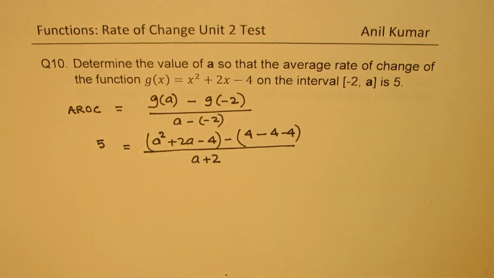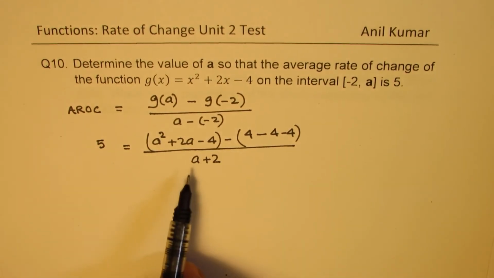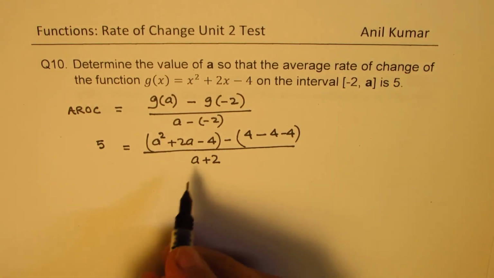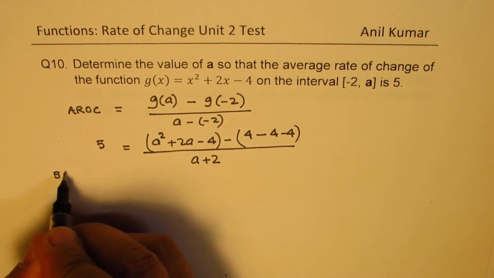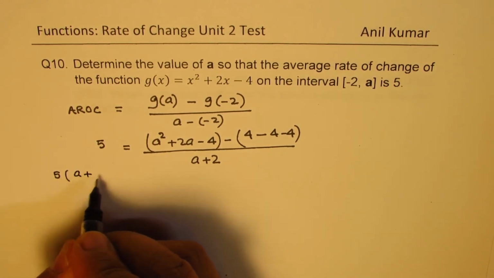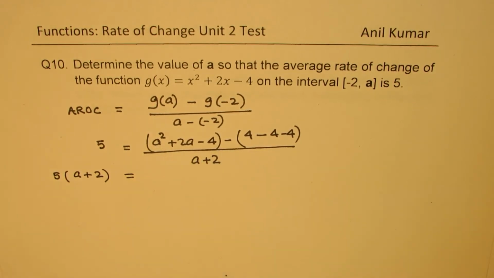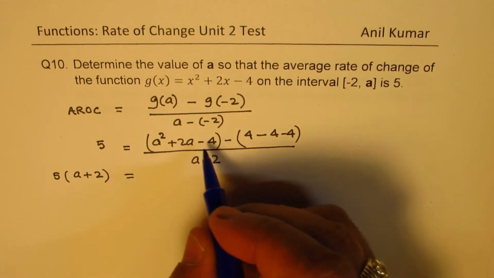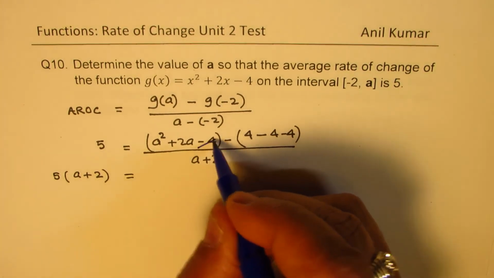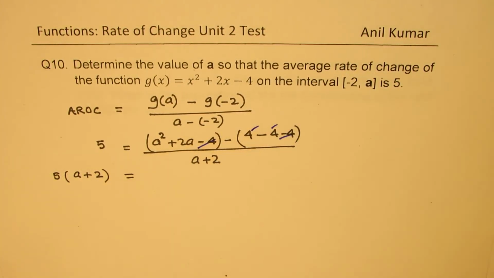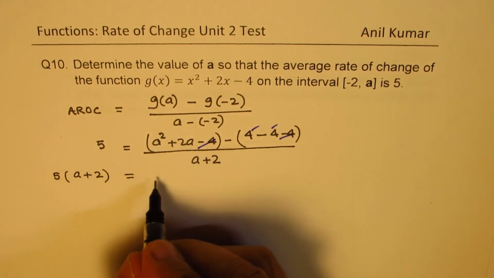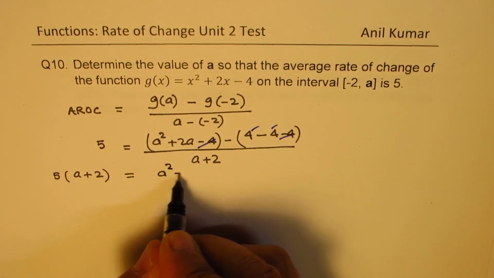And we need to find a. Now since in this equation a is the only variable, it's easy to find, right? So we'll cross multiply. 5 times a plus 2 is equal to, so let's open this bracket. What you notice here is 4 minus 4 is 0. So when you open, they cancel away, right? And they also cancel away. So we're left with a squared plus 2a.